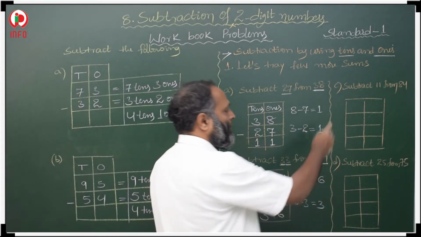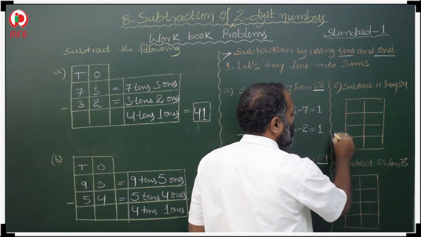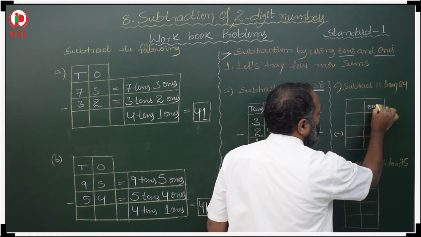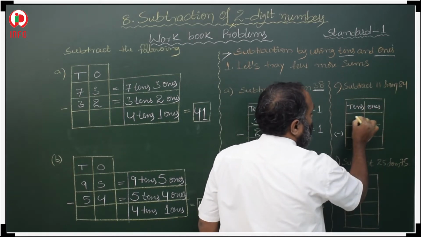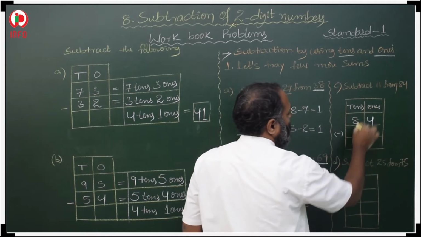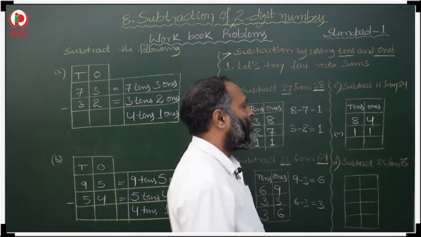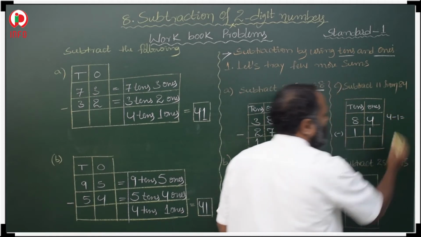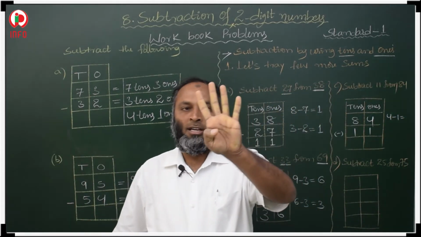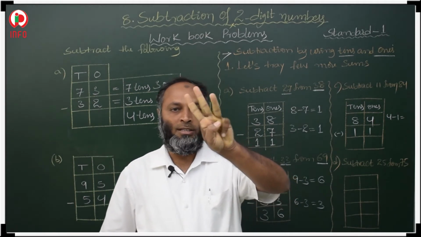Now, the next one, first place is ones, second is tens. So, 84 from the number we have to take first, and 11. First ones place we have to subtract, 4 minus 1. Open 4 fingers and in that close 1 finger, 3 fingers left.